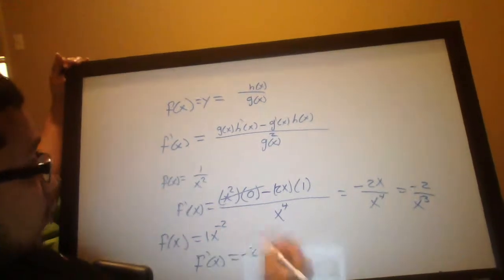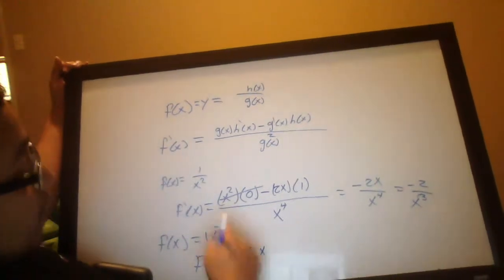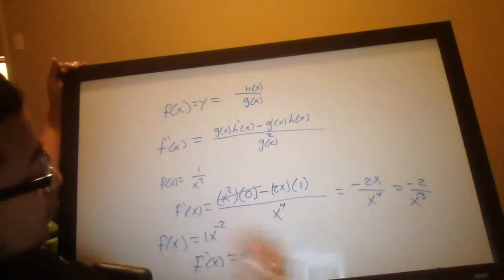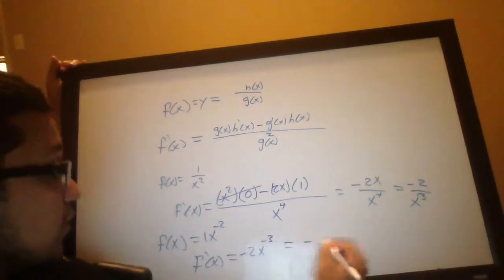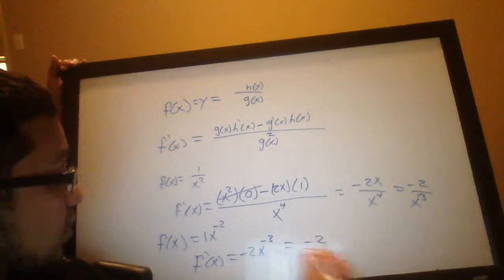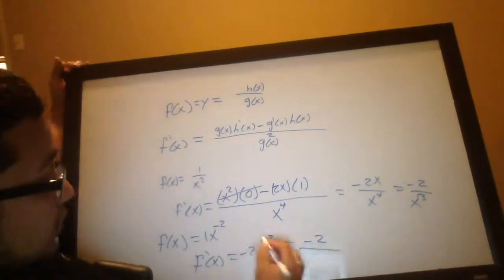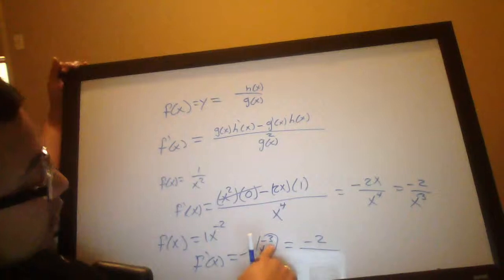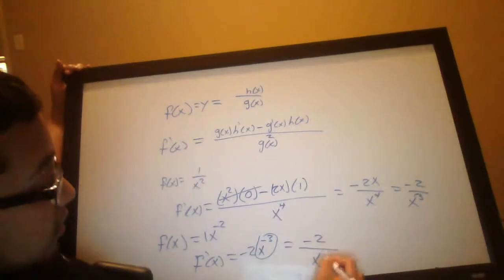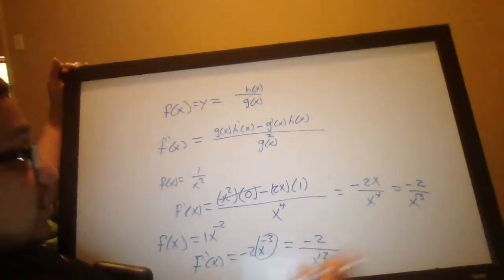You drop the exponent by 1, so negative 2 minus 1 is negative 3. Equal to negative 2, or move this term back down to the denominator, that way you have a positive exponent, so x cubed. Now as you can see, you get the exact same answers.